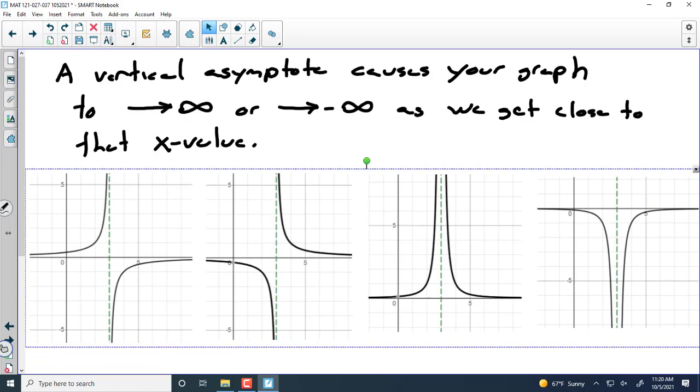What a vertical asymptote does, everyone, is as the graph gets close to a vertical asymptote, it's going to make a choice. It's either going to kind of shoot up that vertical asymptote or down that vertical asymptote.